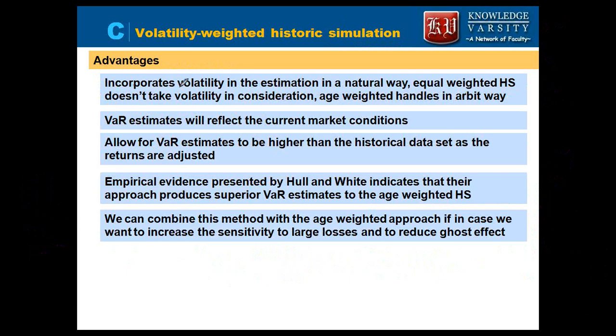They say it incorporates volatility in a much more natural way. Equal weighted historical simulation does not take volatility into consideration, and age weighted handles it in some arbitrary way. This is a more natural way, reflecting new volatility versus earlier volatility. The VaR estimate will not just incorporate the past, but the current market conditions.